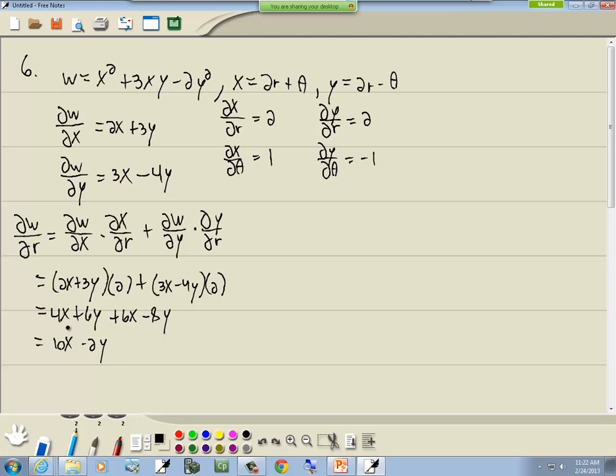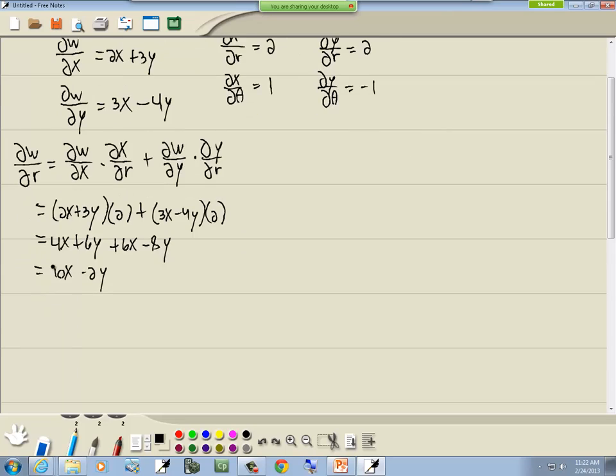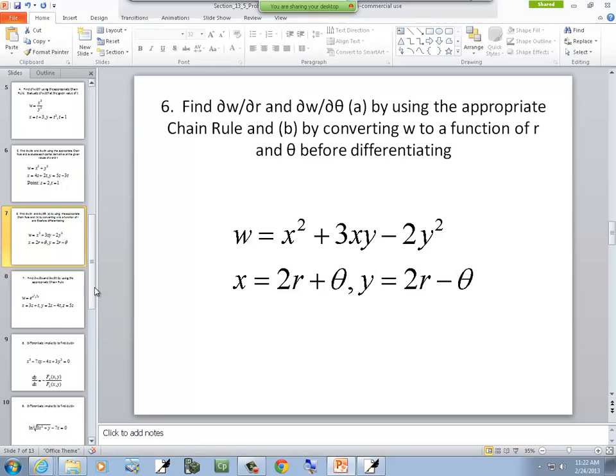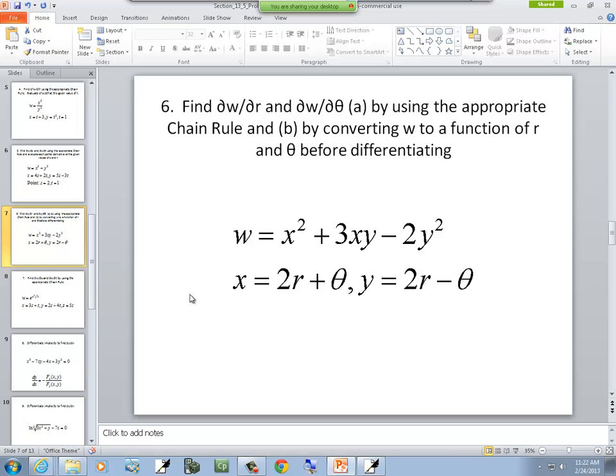Now, but we know what x and y are. So we're going to plug in x is equal to, what was x? 2r plus theta. And y is equal to 2r minus theta.